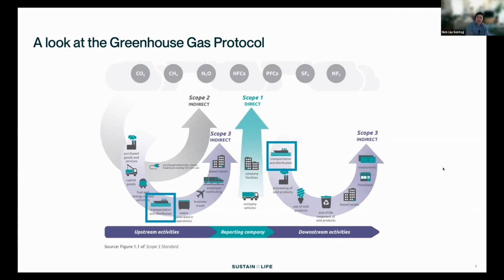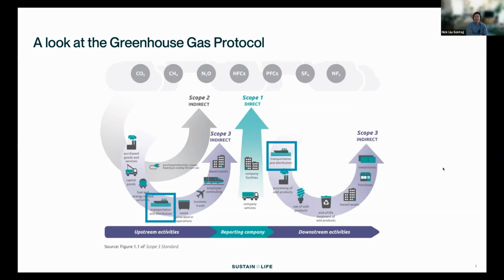These categories also include the storage of your goods. Maybe you're paying for warehousing space to store your goods, or your goods are being sold in retail stores, specifically retail stores that are not your own. The emissions of those retail stores fall within transportation and distribution because they're emissions that occur ultimately in distributing your product to the final customer.